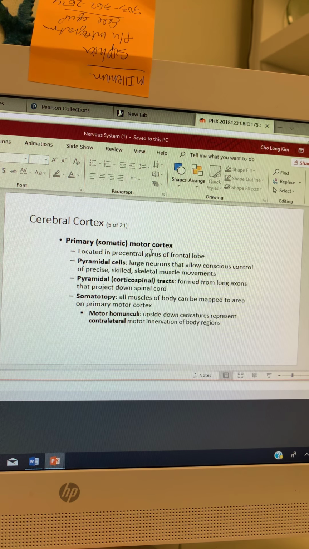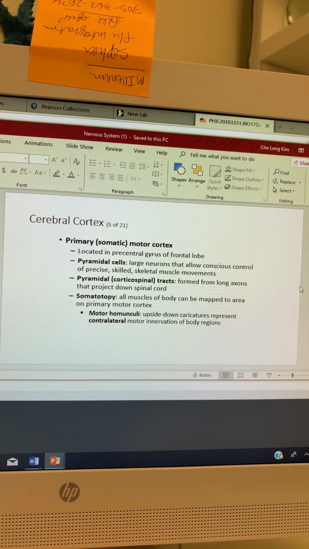Primary or somatic motor cortex is located in the precentral gyrus of the frontal lobe, like we said. The pyramidal cells are located there. They're large neurons that allow for conscious control of precise skeletal muscle movements. Pyramidal tracts, or corticospinal tracts, are formed from long axons that project down the spinal cord. Somatotopy means all muscles of the body can be mapped to an area of the primary motor cortex, which is great.